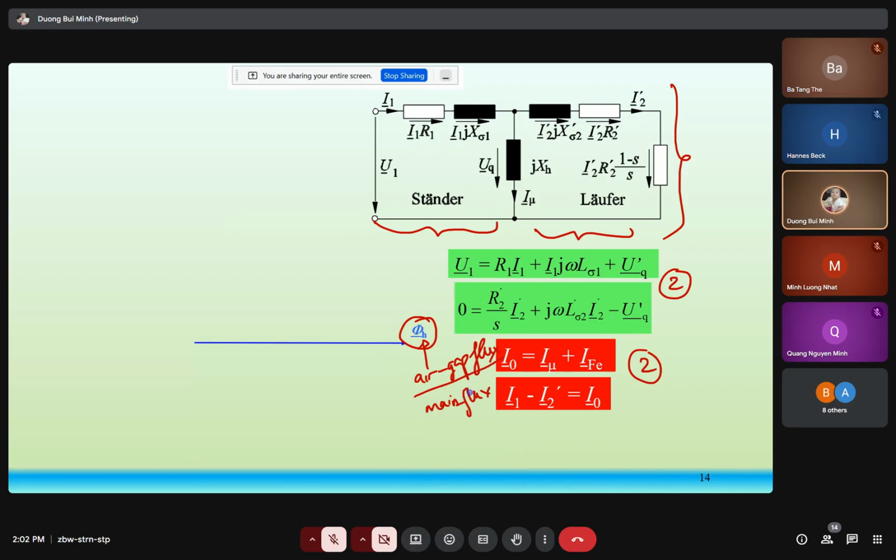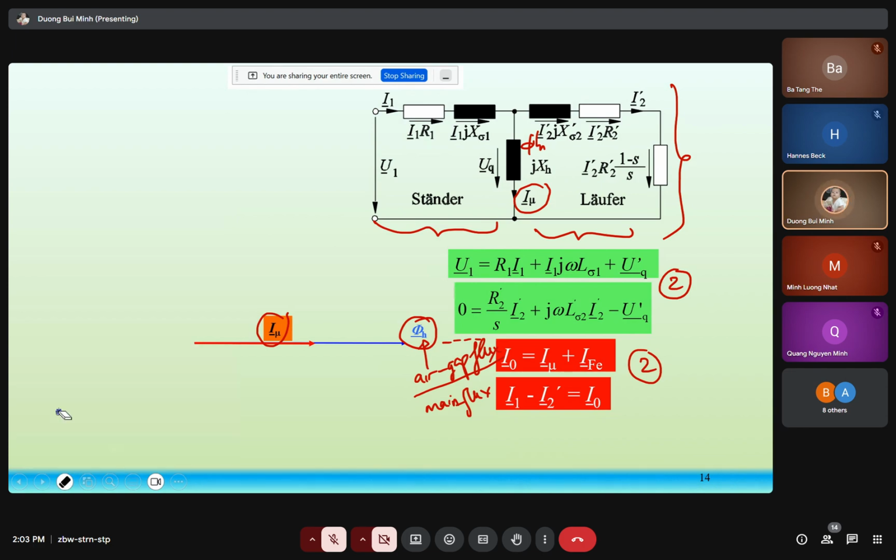Here is the x-axis, so I mu comes from here, and this is phi x.